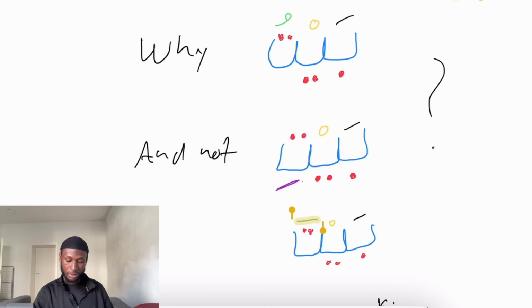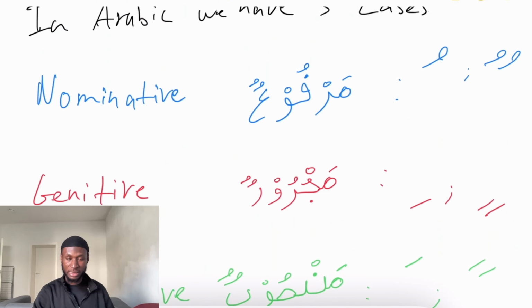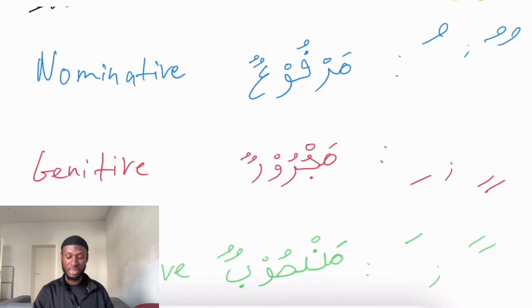So whenever you see a noun with a kasra under its last letter, that means that the noun is in the majroor case, the genitive case.